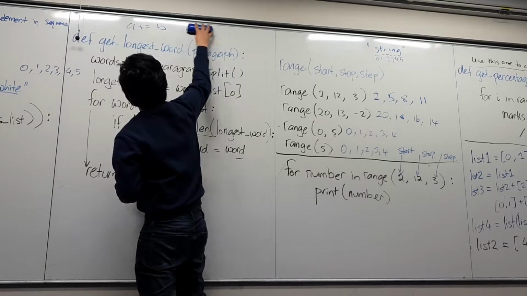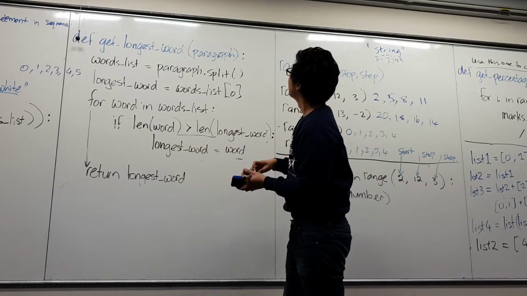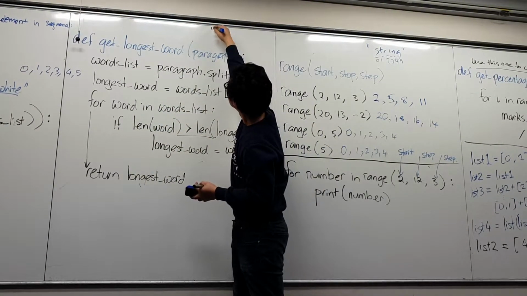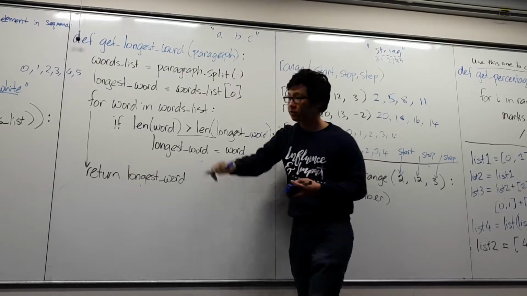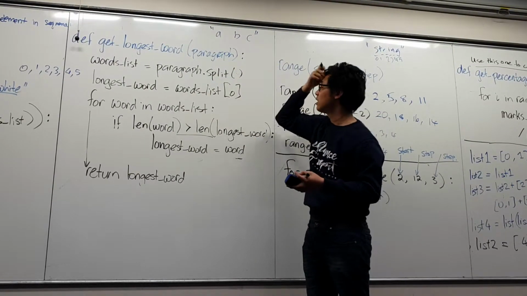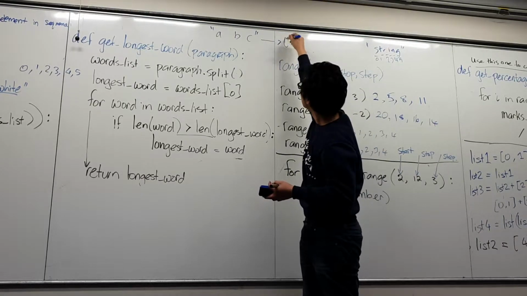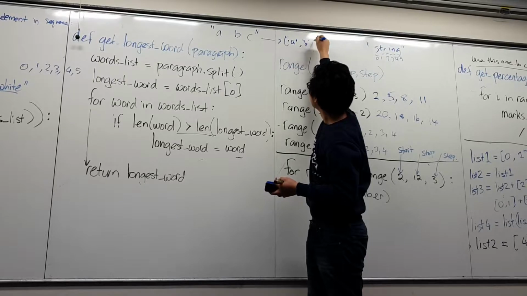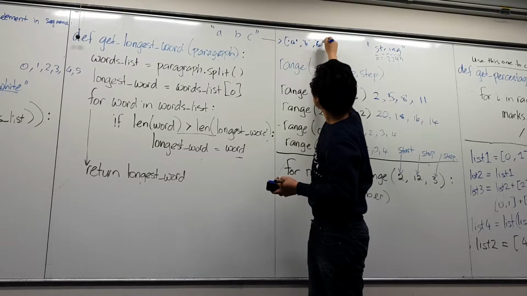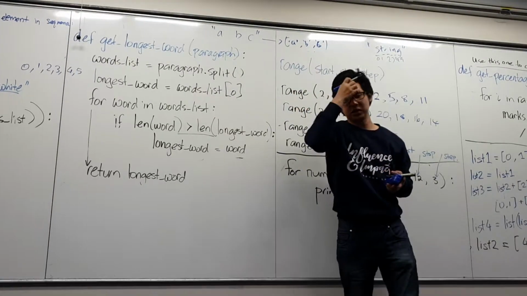If my string was A, space, space, space, B, space, C, and I did a dot split on it, it would change it to the list of A, B, C. So that's what the dot split does.